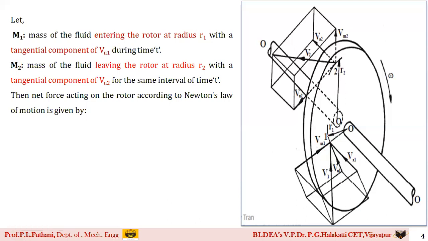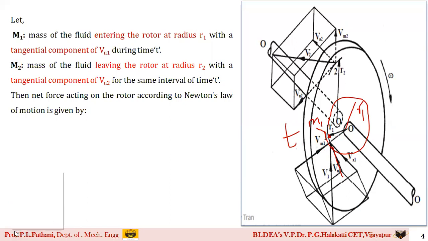Let us assume that M1 is the mass of the fluid entering the rotor at a radius R1, with the tangential component VU1, for time T. Remember, M1 is the mass of the fluid entering the rotor at radius R1 for a time T with tangential velocity component VU1.